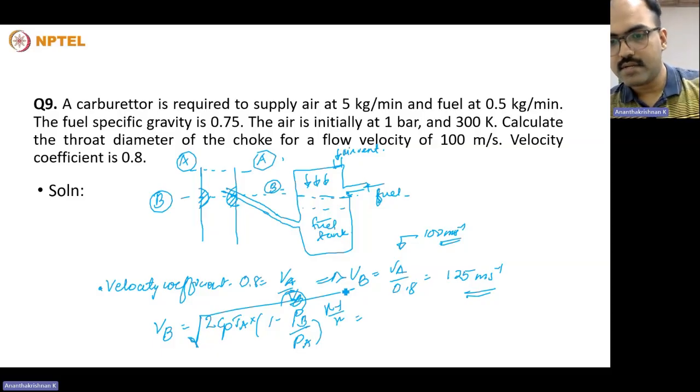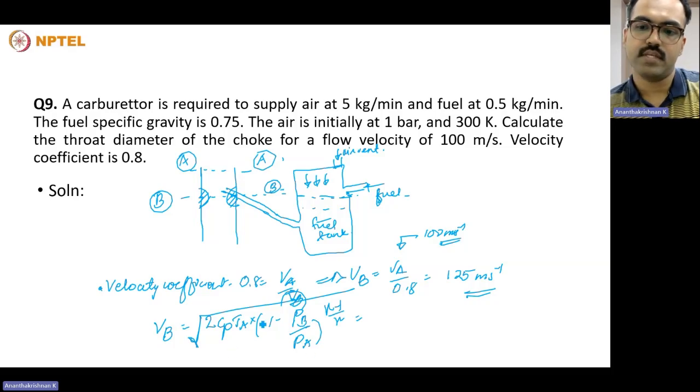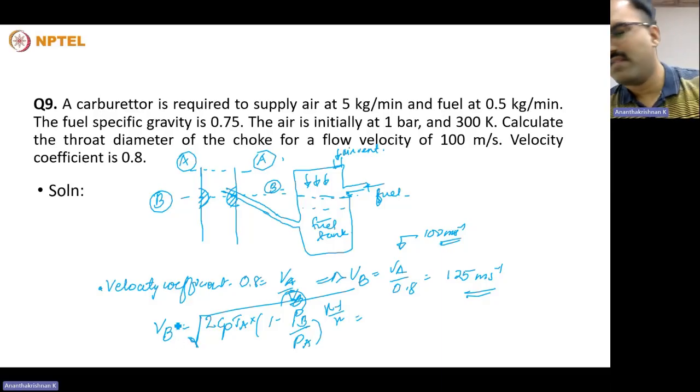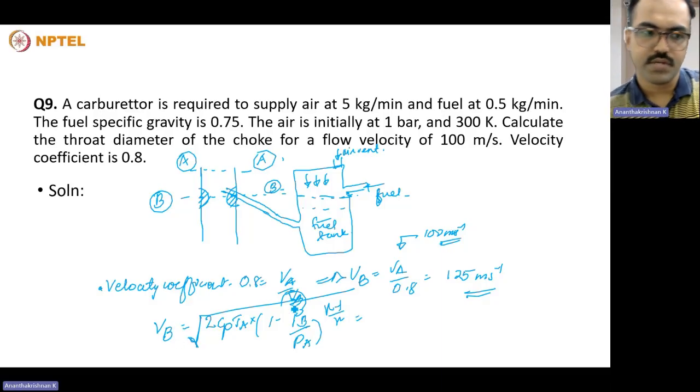We can use a reversible adiabatic equation. In this case, PV raised to gamma is a constant. So equating these two, we can get the enthalpy change in the form of this equation, and we can get the kinetic energy of point B, the velocity of point B, using this equation.